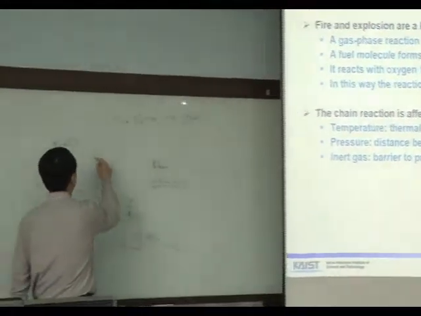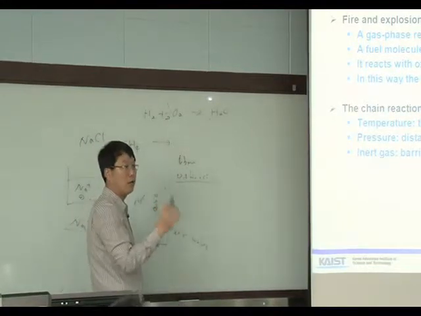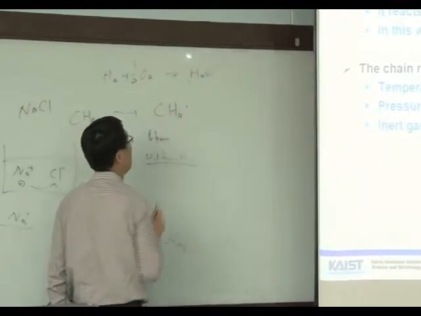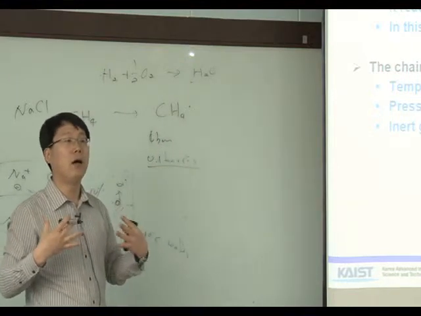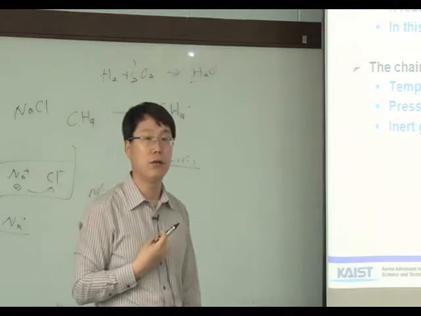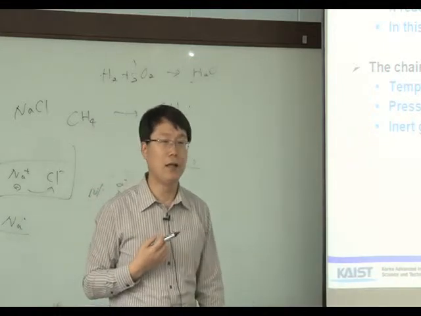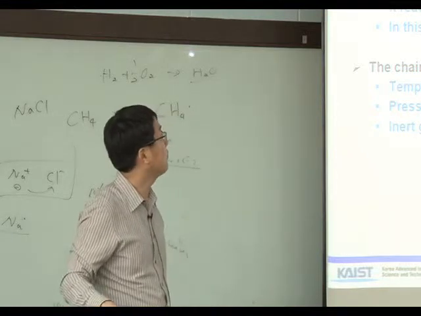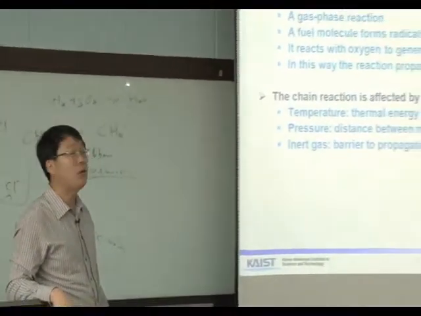For example, we have CH4. During the reaction, we have this kind of material, methane with a free electron. This thing is called a radical. The radical is very reactive. So it reacts with oxygen to generate more radicals.